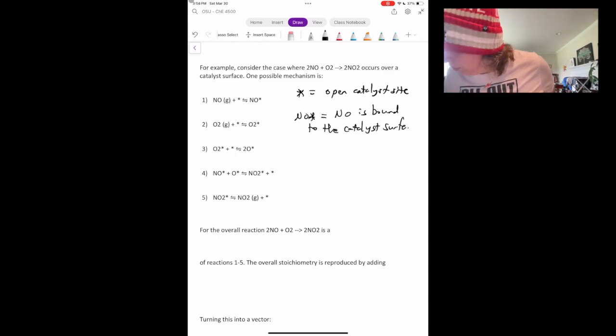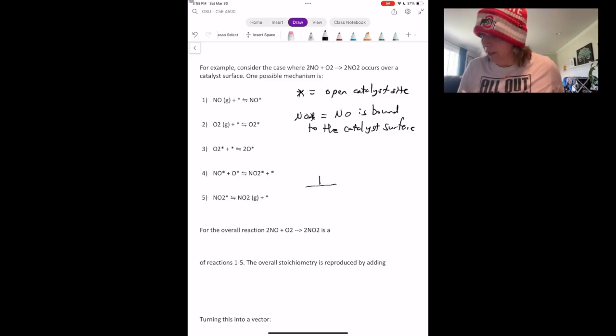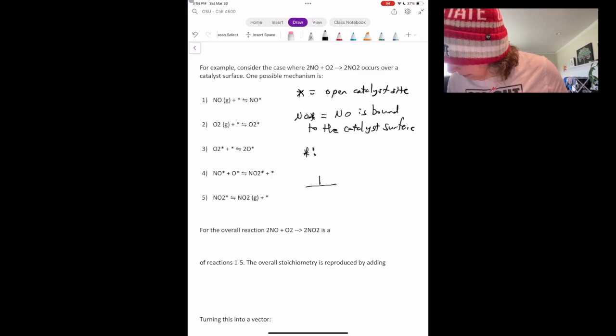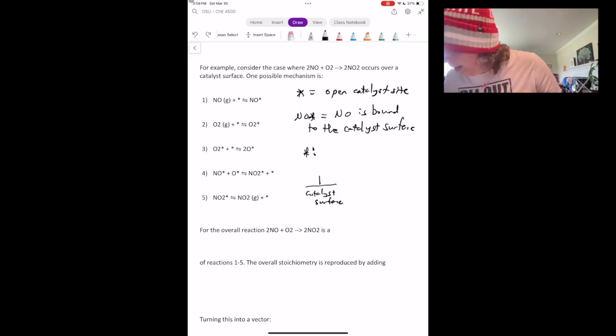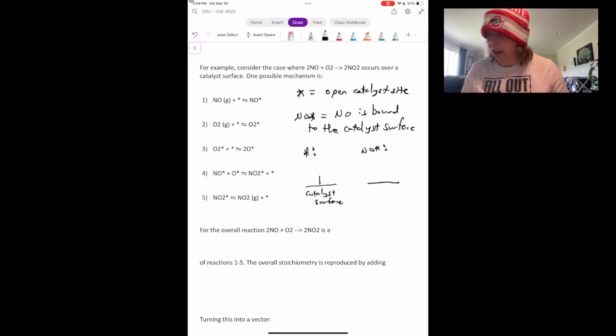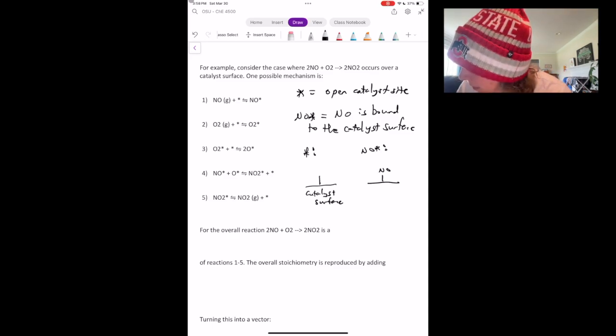So if I wanted to draw that, an open site would be, so this is the catalyst surface, and I have this bond here, kind of where a molecule could sit, but I don't have any molecules sitting in it. That could be an open site. And then if I had NO star, that's going to be NO bound to the catalyst. So this is also catalyst surface.